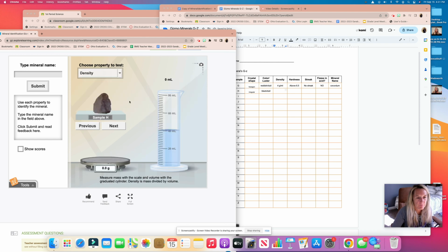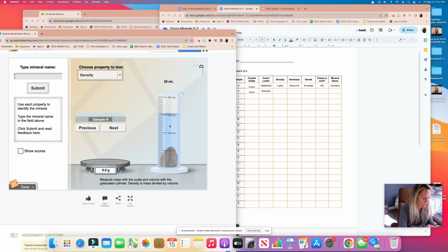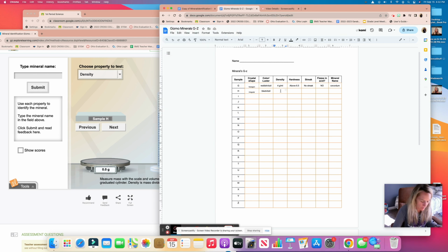Density is my favorite. It's the best one you can use. We have 106, so I'm going to put 106 divided by the volume of 20, and we get 5.3. So we've got a density of 5.3.